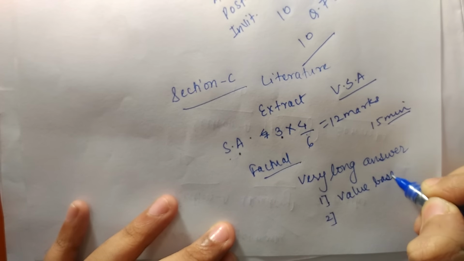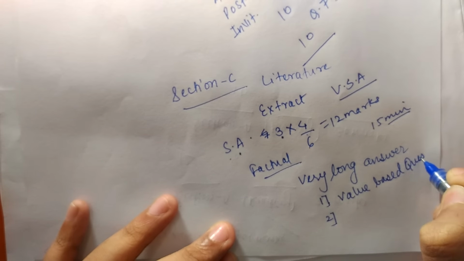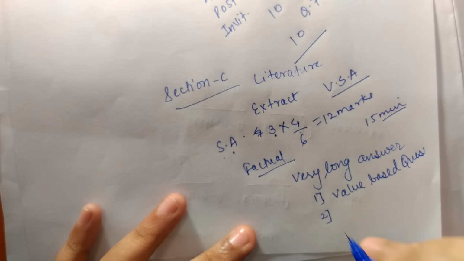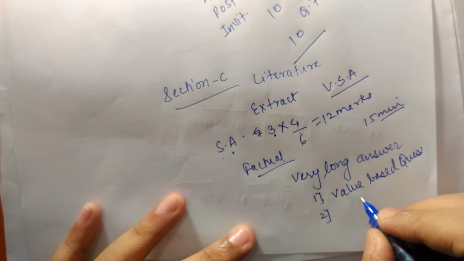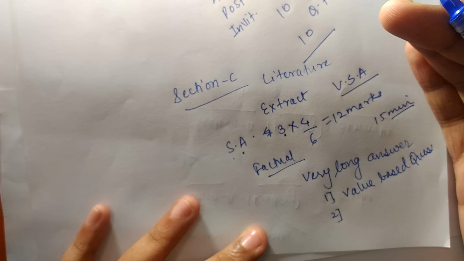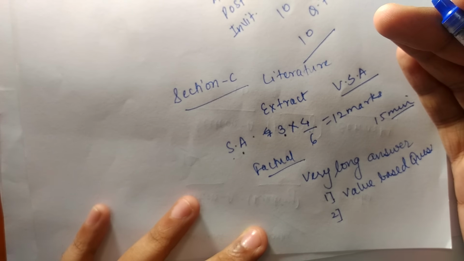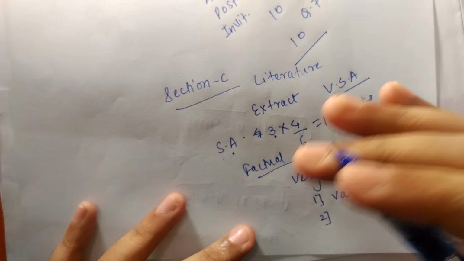You are well aware of value based questions from your 9th standard, but it will be of some different format. You need to comment on the essence of some chapters like patriotism, or there is a chapter based on honesty. So you need to comment on those values which will be asked in this question.